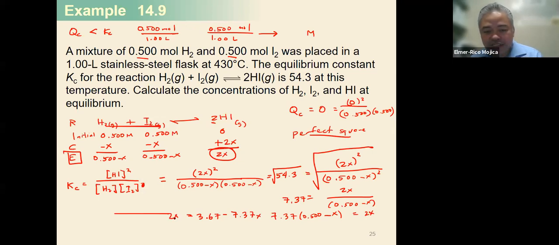So the rule that we have, all that are the same is on the same side. So that will become what? 9.37x equals 3.67. And to get x, you divide both sides by 9.37.